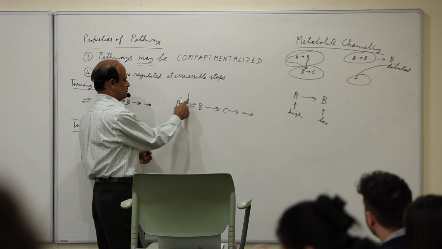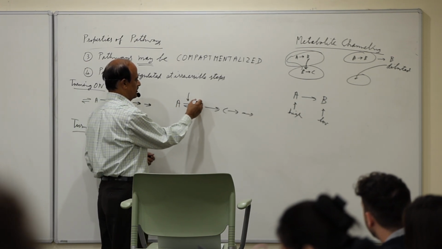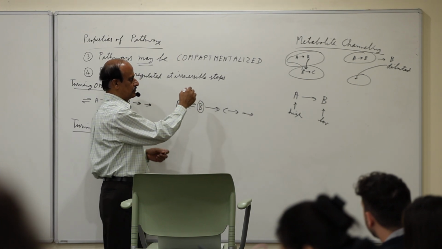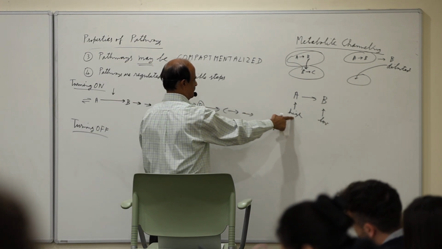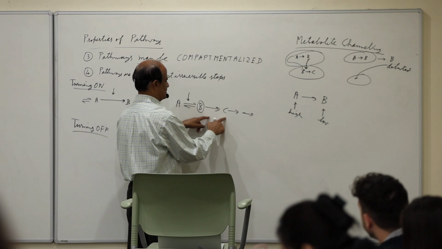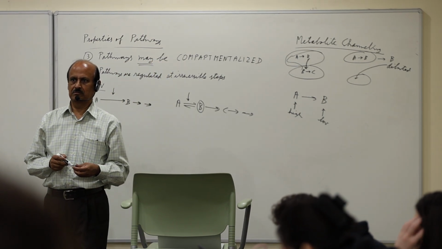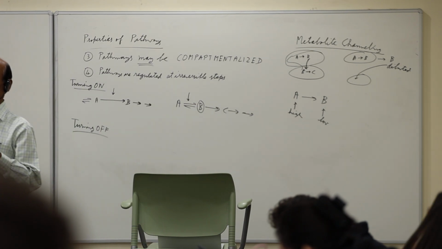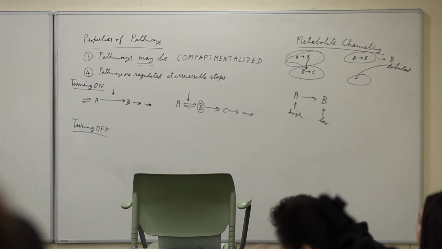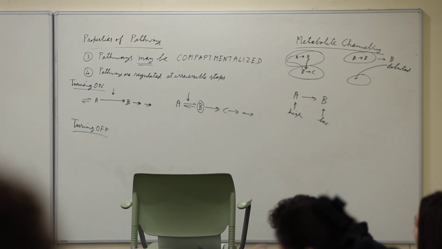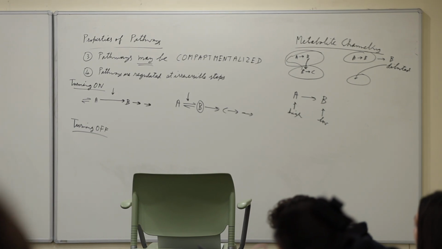So you turn on this one and then you wait for B to go up. It has to go up to a certain level, which is defined as a high level for this reaction, and then only C can happen, then only the rest of the pathway can happen. So activating or turning on a reversible step is not desirable because the cell has to wait for B to go up so that the rest of the pathway can happen.